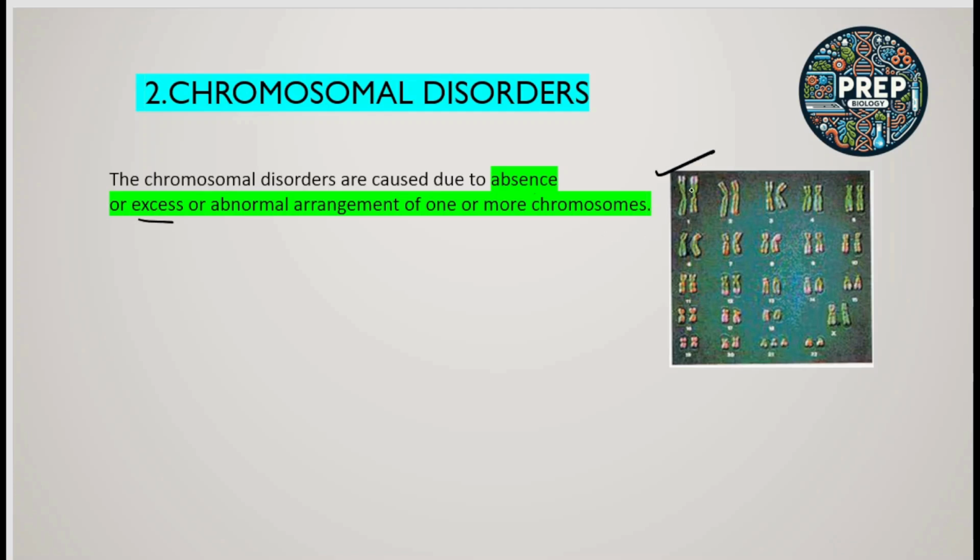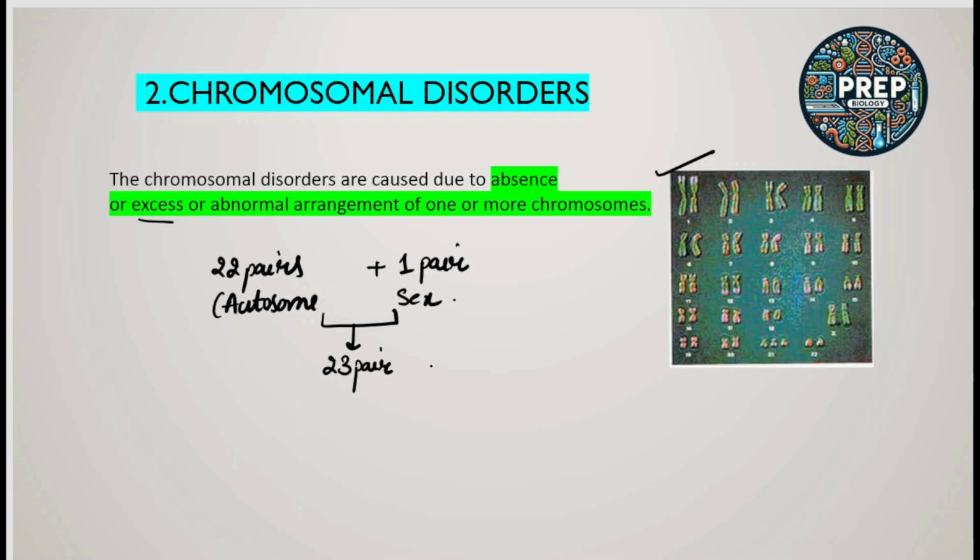So we all know this is one set of the chromosomes and we have 22 pairs under the autosomes and one pair is the sex chromosome. In humans we have 23 pairs of chromosomes, which means 46 chromosomes.